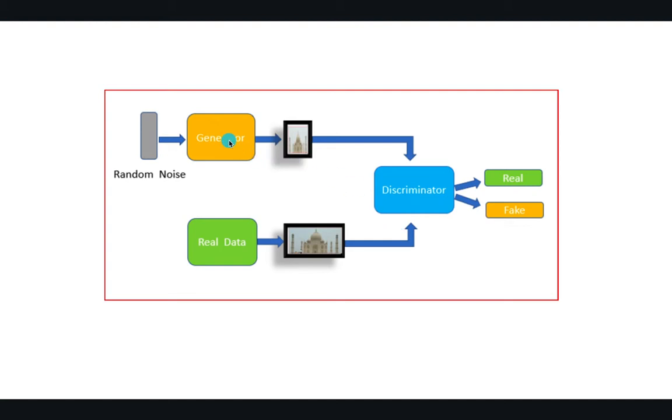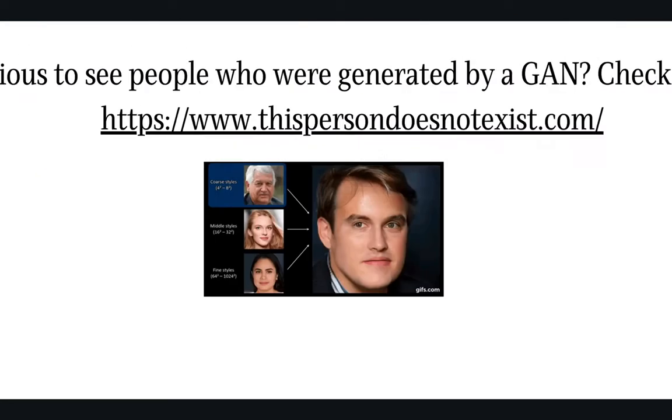Also, the generator keeps getting better based on the probabilistic loss provided by the discriminator on how much the generated image resembles the original image. It keeps on improving and creates new fake images based on the discriminator's inputs on the generated image. So this is basically how a GAN works.